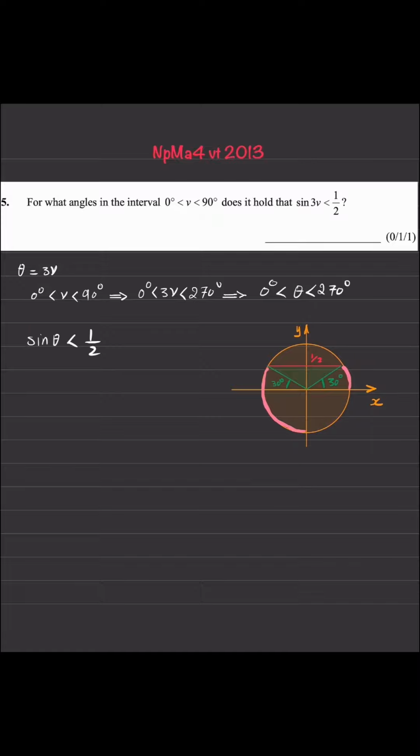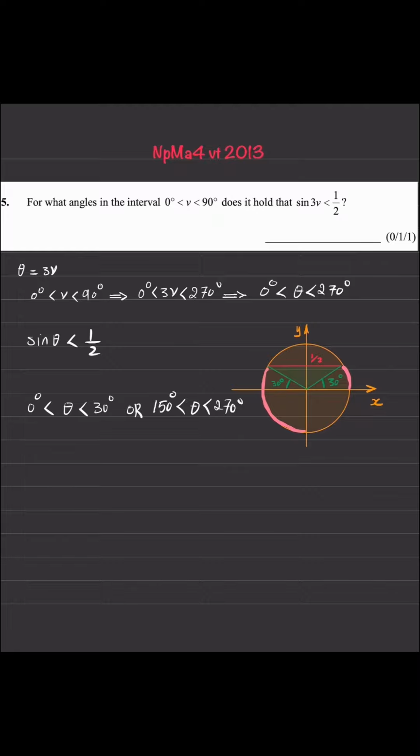One alternative is that theta lives somewhere between 0 degrees and 30 degrees, but there is another alternative that theta starts from 150 degrees from here and goes up to here, which is 270 degrees. So the other alternative is between 150 degrees and 270 degrees.